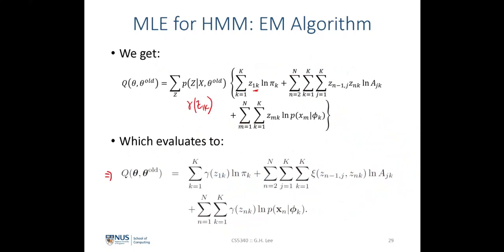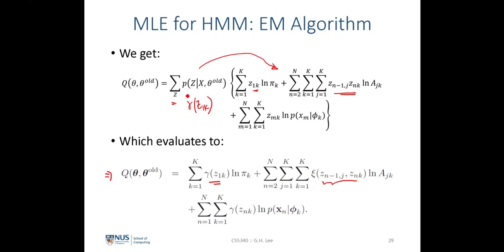So we can see that this term starts to appear, and we can replace the summation over z with simply this term, which would be the expectation over the z1k. We can also see that if we push this particular term in, there are two terms which we can evaluate into psi zn minus 1 j and znk, which is equivalent to the expectation term that we defined 2 slides ago.